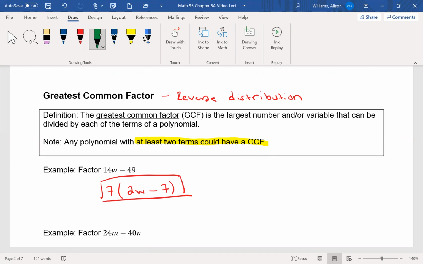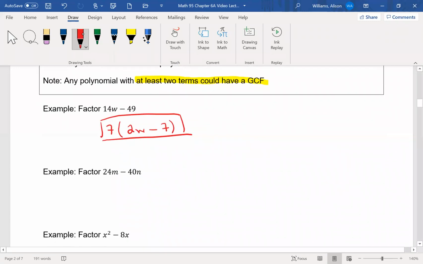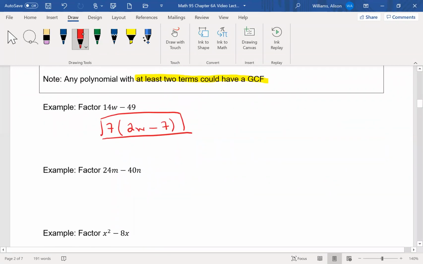Okay, so let's look at a more exciting example. Let's see, 24m minus 40n. Okay, so a number that both 24 and 40 have in common. Now, because they're both even, I know 2 goes into both of them. But I also notice that 4 goes into both of them. In fact, 8 goes into both of the numbers. And we don't want to just use 2 or 4.